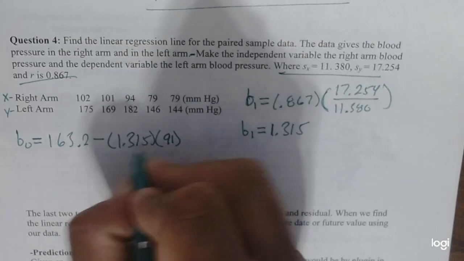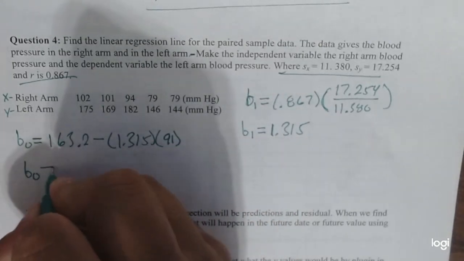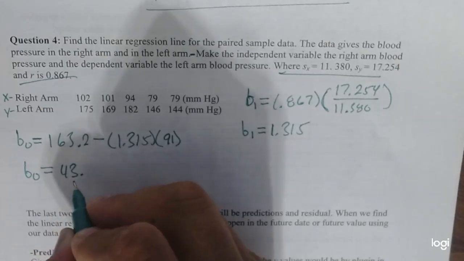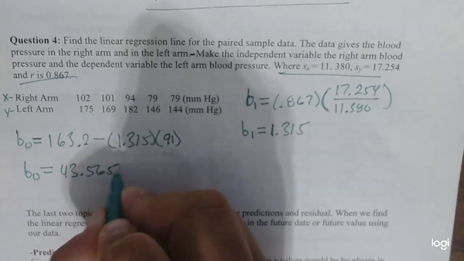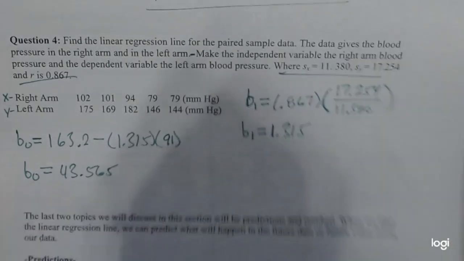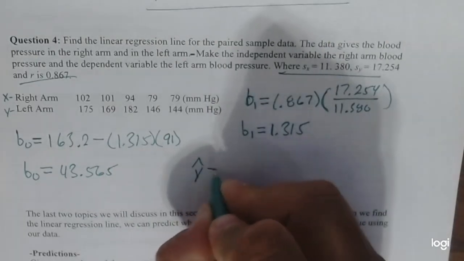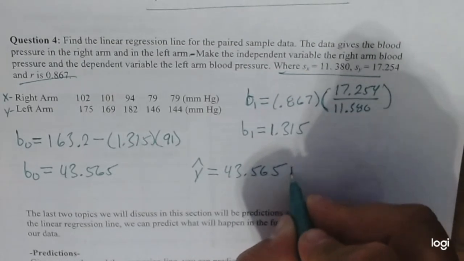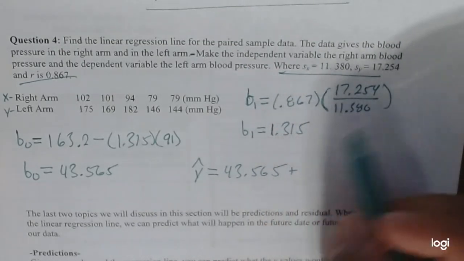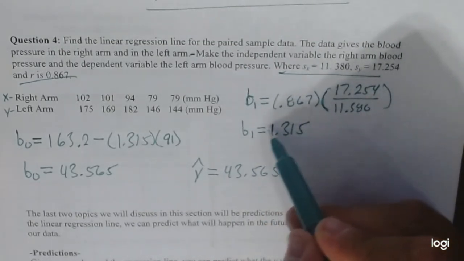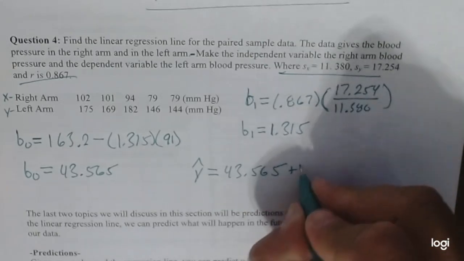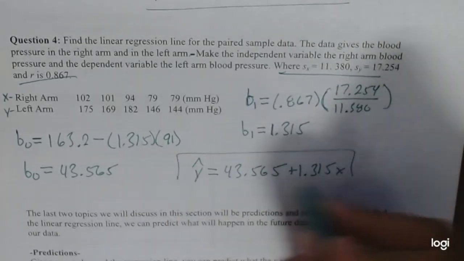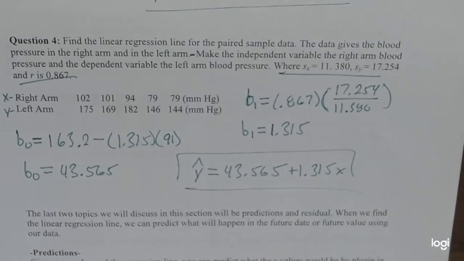Multiplying and subtracting, you should get a y-intercept of 43.565. So our regression line is going to be 43.565 plus, because it's positive. If this was negative, you would put minus. Since it's positive, it's just plus. And there is our regression line.